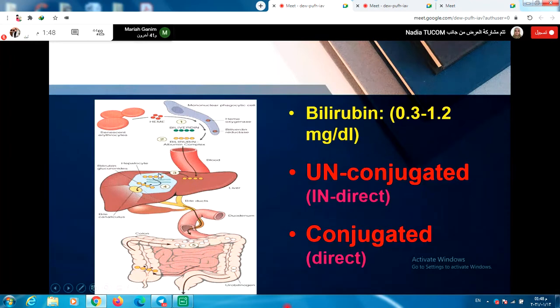The bilirubin conjugation is to be excreted in the bile canaliculi and to the common bile duct and the duodenum, to be excreted as stercobilirubin, stercobilinogen and urobilinogen.